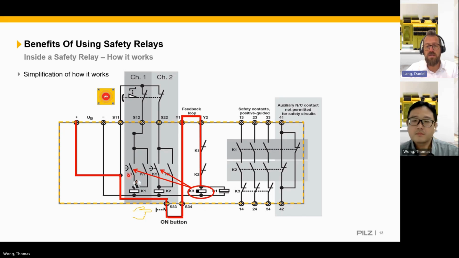As it is a force guided relay, every contact closes and every contact opens simultaneously. So these two contacts of K3 in the input channel are closing now. And because they are closing over the e-stop, K1 and K2 will also be energized. So now all three of these relays are energized.